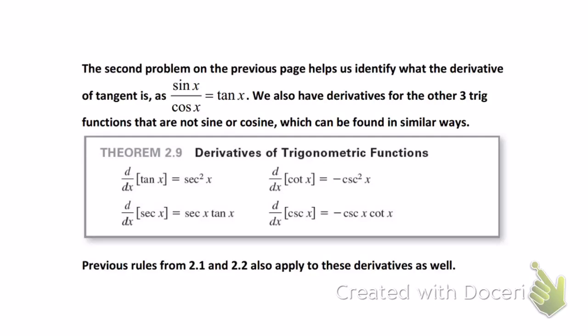So then it's given us the derivatives for the other 3 trig functions that are not sine, cosine, or tangent that we just figured out. And just take a minute to look at them. Tangent we just figured out. Cotangent, there's kind of a pattern here if you think about it. Always look for patterns in math. Tangent is secant squared x. Cotangent is negative cosecant squared.